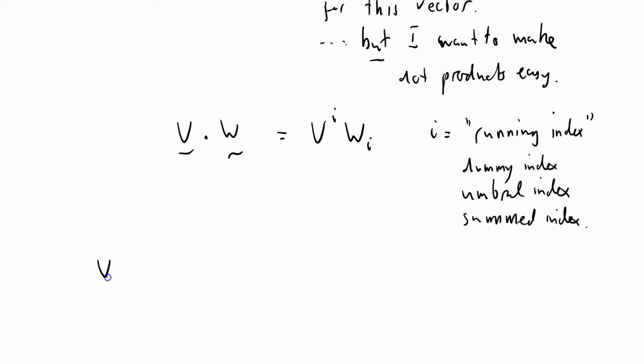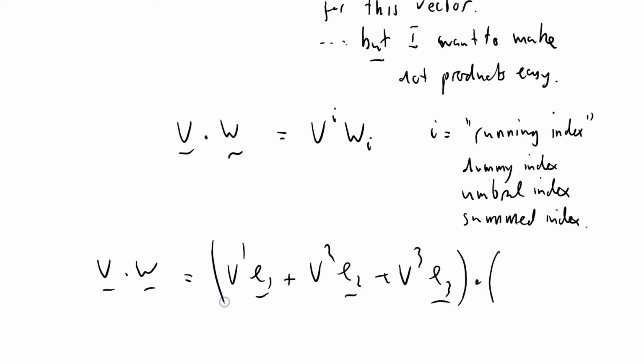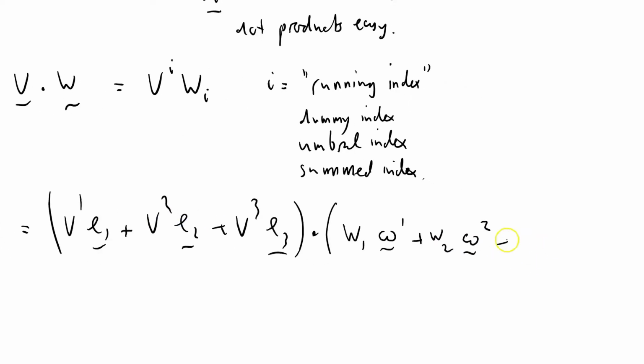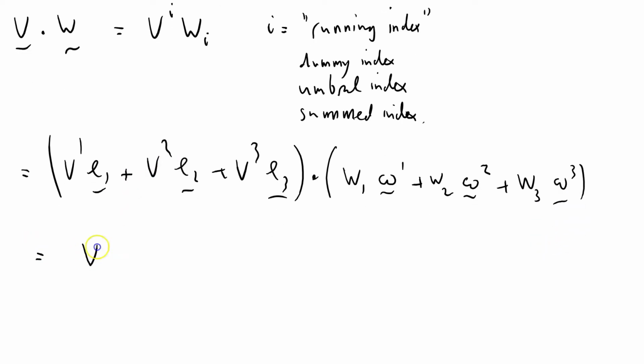So this dot product here is going to be v1 e1 plus v2 e2 plus v3 e3 dot w1 downstairs, and I'm going to call it omega 1 for the first term of the basis for my covariant w, plus w2 omega 2 plus w3 omega 3, and that's got to equal v1 w1 plus v2 w2 plus v3 w3, because it's equal to v^i w_i.